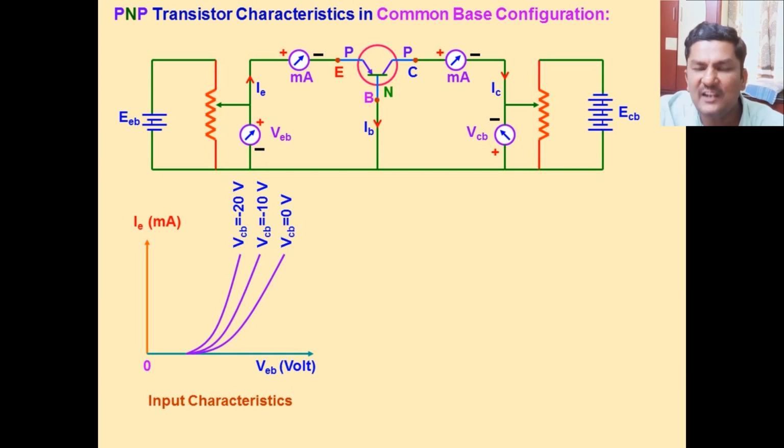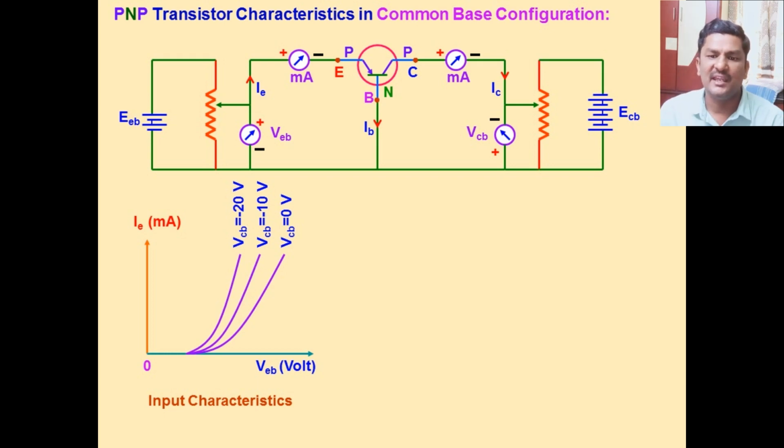So for different values of VCB, we observe the change in input current for the changes in input voltage VEB. These are nothing but the input characteristics of a transistor, and a graph is drawn between VEB and IE.